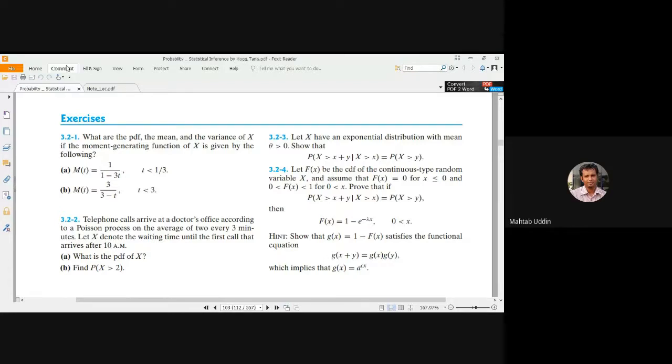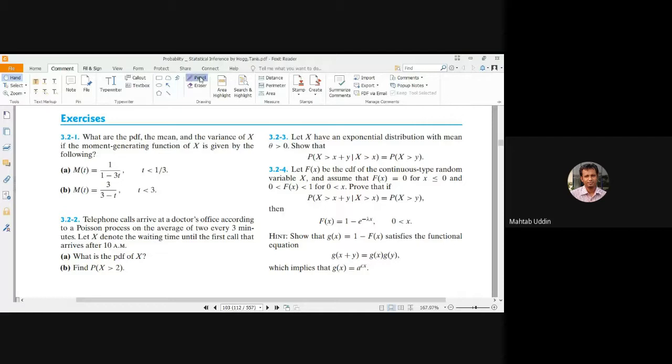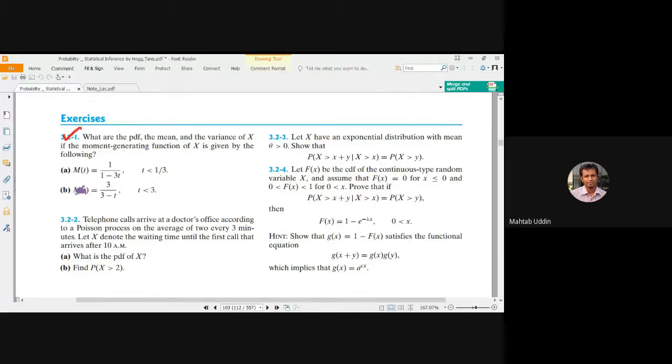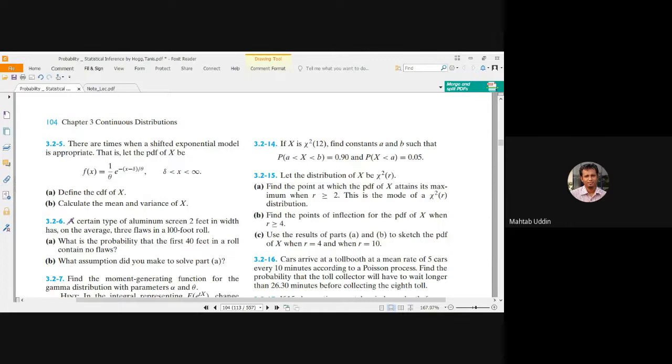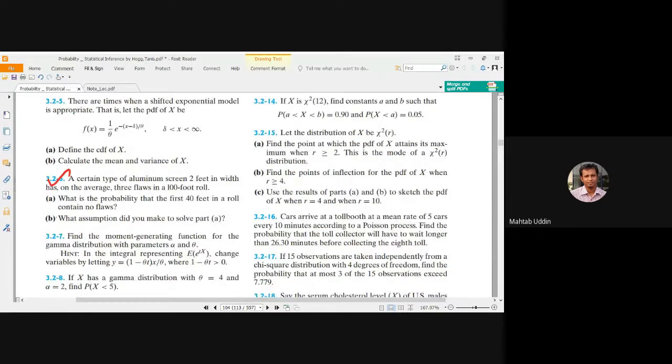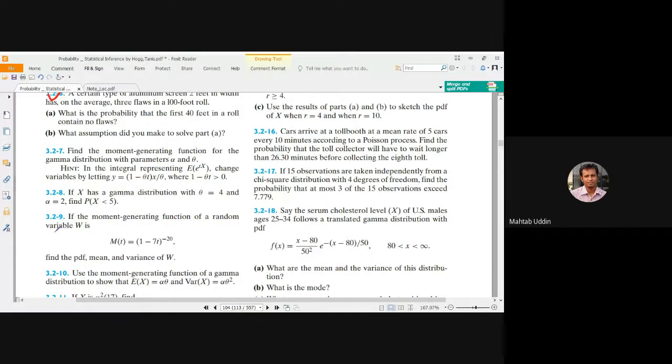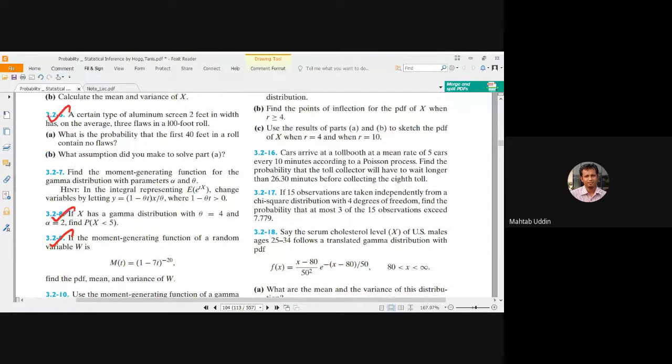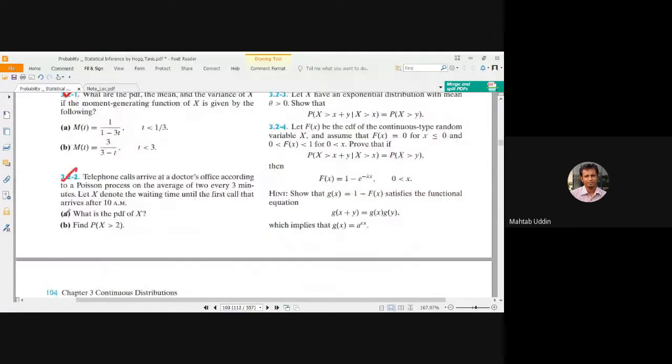From this chapter, we will study number 1, 2, then 6, 8, 9.